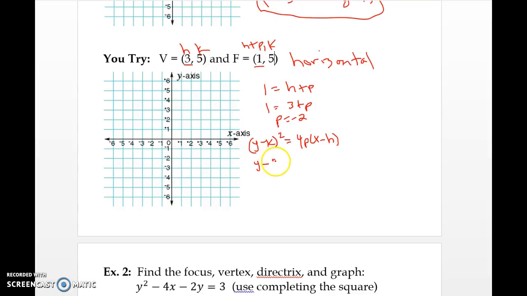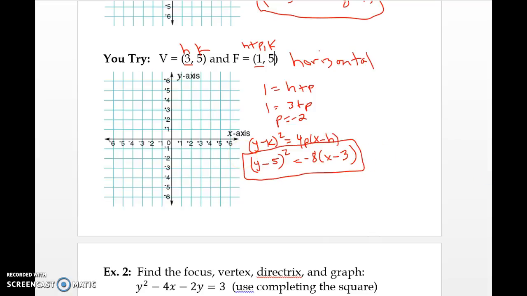So (y minus 5) quantity squared is going to equal 4 times negative 2, because p is negative 2, and that gives you negative 8 times (x minus h, which is 3). So here is your equation.